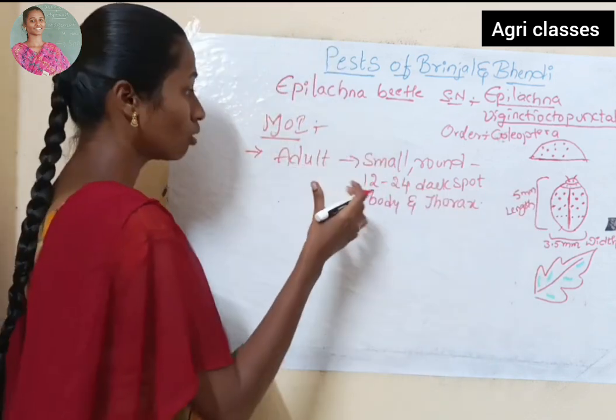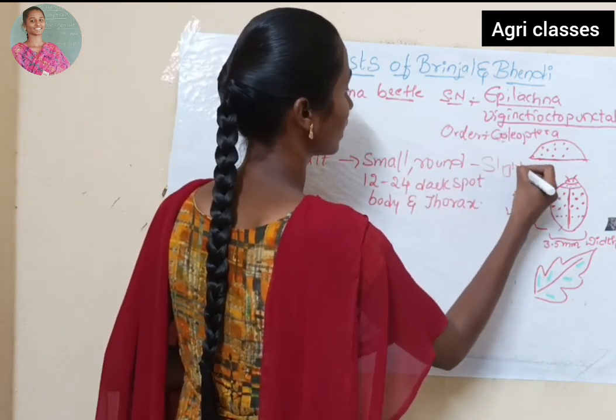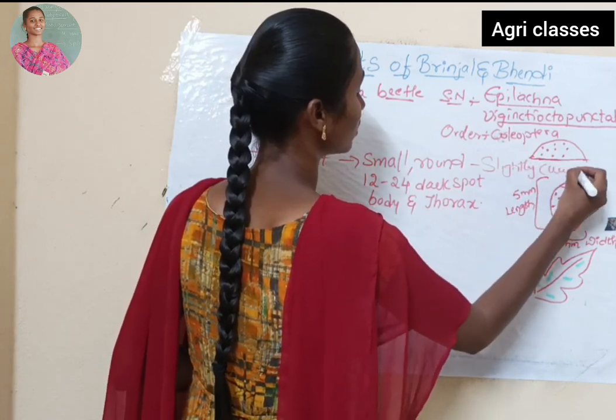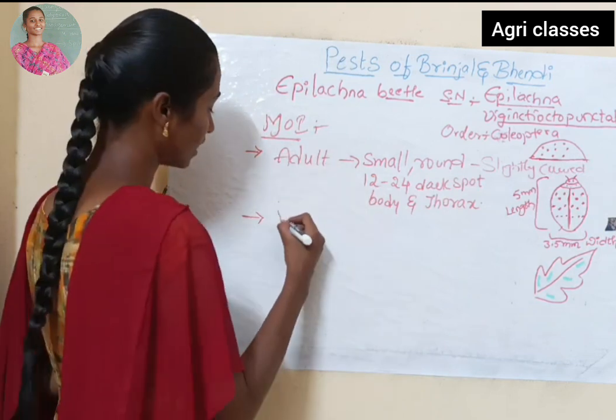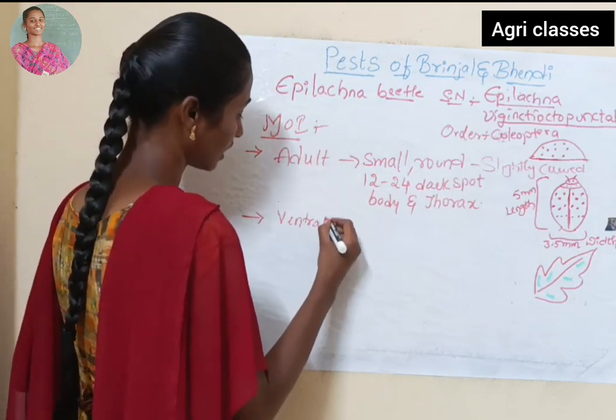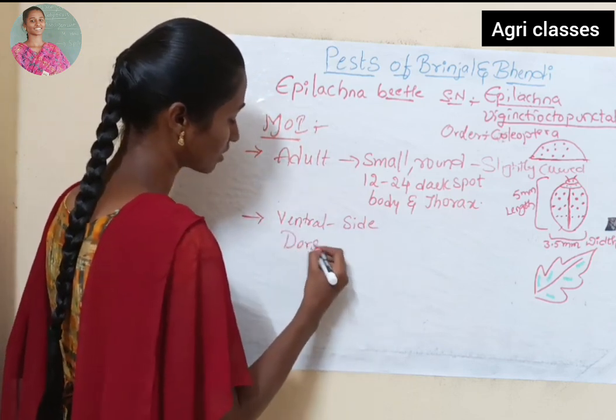Okay, so here these are slightly curved in nature, and adult ventral side is flat and dorsal side is convex.